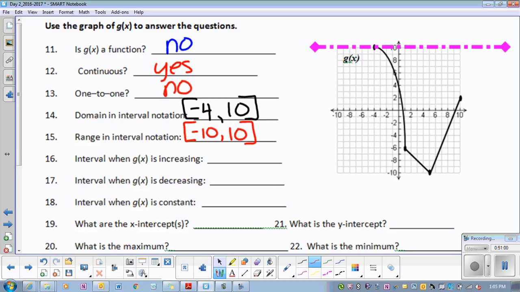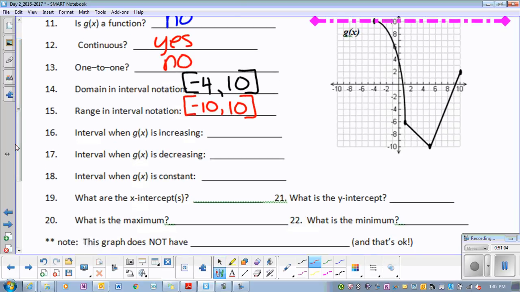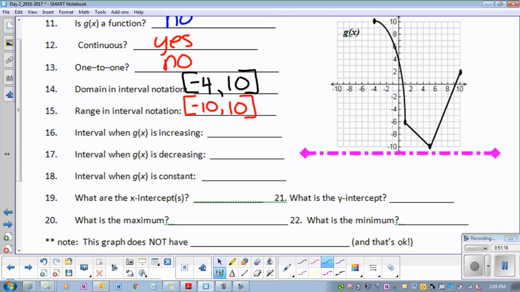All right, we'll come back to the increasing, decreasing, and constant. Let's go to the x-intercepts, something a little bit easier first. Where does this graph cross through the x-axis? Here and here. I'm just going to have to eyeball this one.